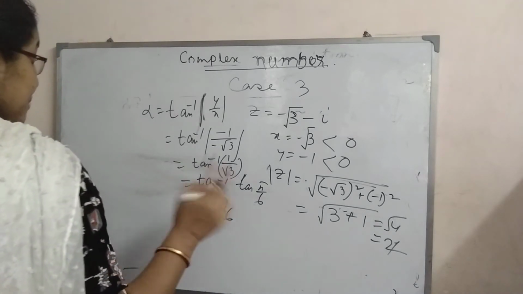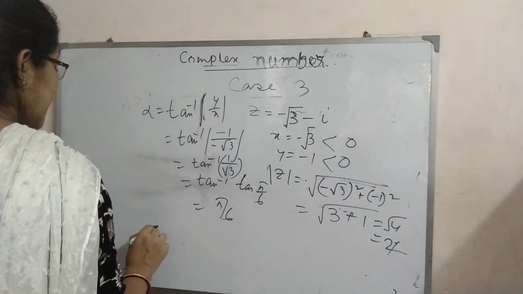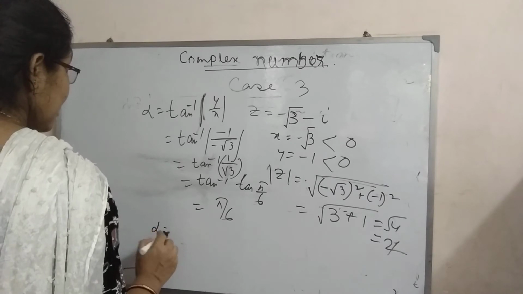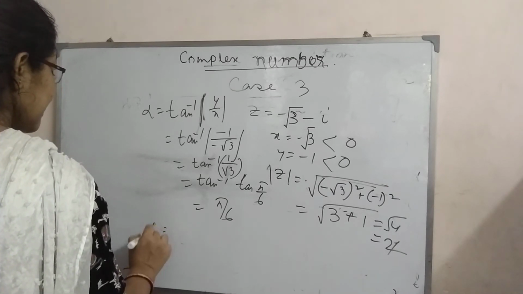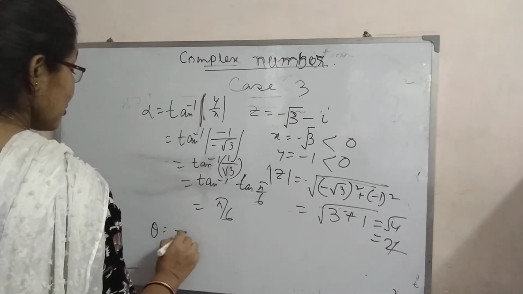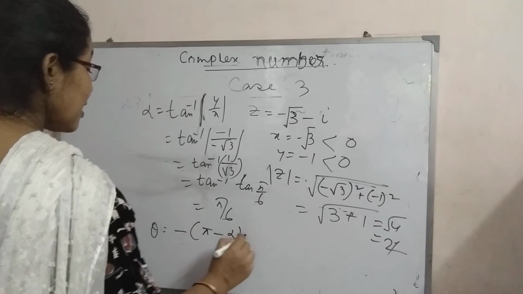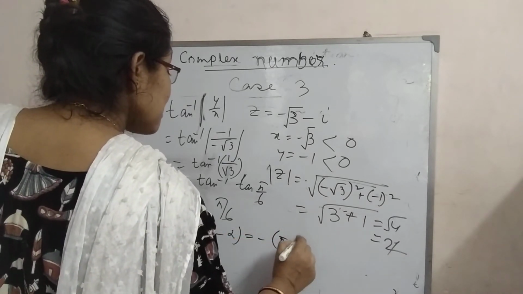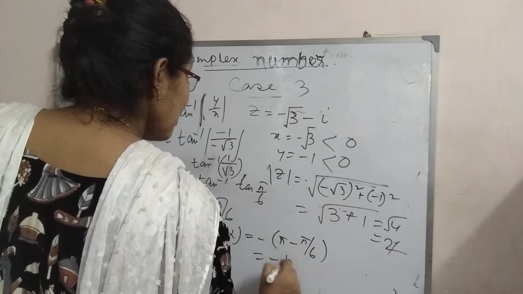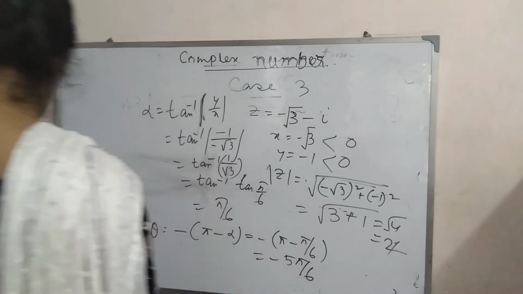And here, since P lies in the third quadrant, theta, that is the argument of z, equals minus pi plus alpha, that is minus 5 pi by 6.